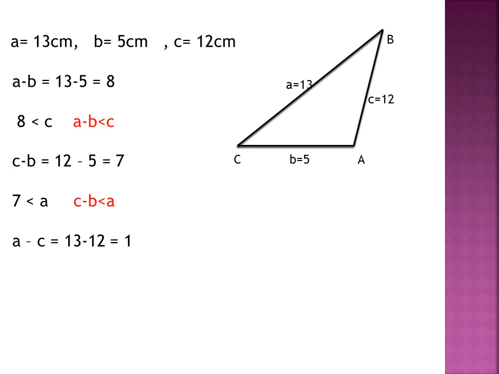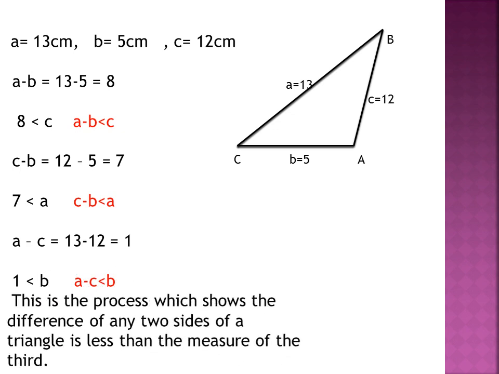Now we will write the difference of the sides A and C. For this we can write A minus C equal to 13 minus 12, which will give us 1. So 1 is less than B, or we can also say that the difference of the sides A and C is less than the third side B. This process shows that the difference of any two sides of a triangle is less than the measure of the third side.